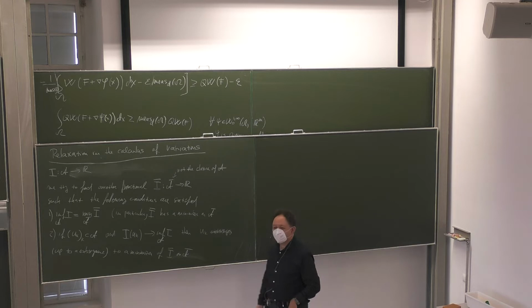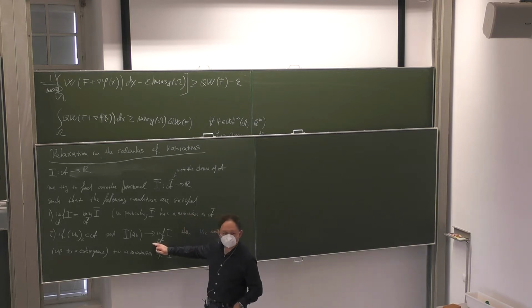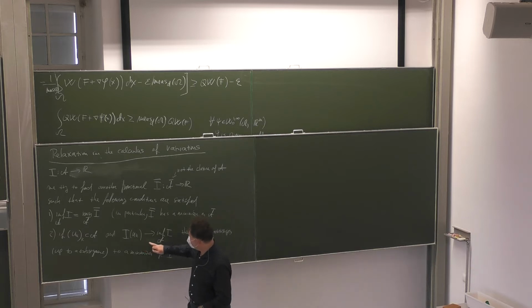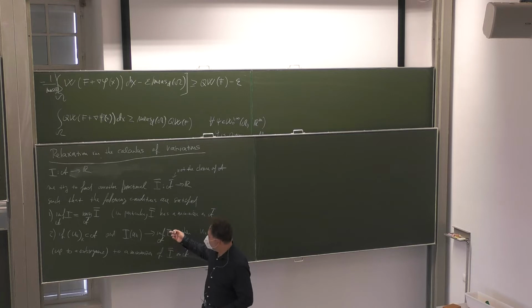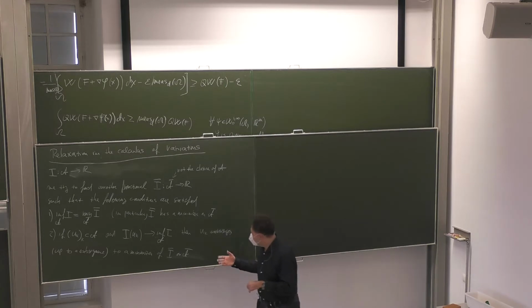So this is already a bit difficult. Here you have to show that, if you have an infimizer, because maybe the minimum doesn't exist, we have just some sequence which goes to the infimum, and this sequence contains a subsequence which in some sense converges to a minimizer of the new functional on the new set.